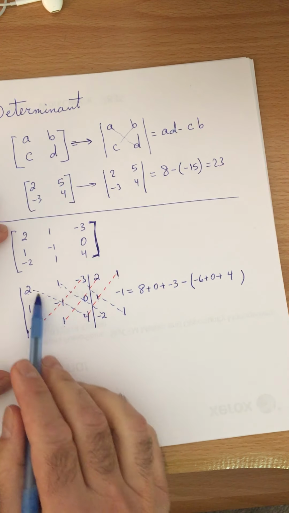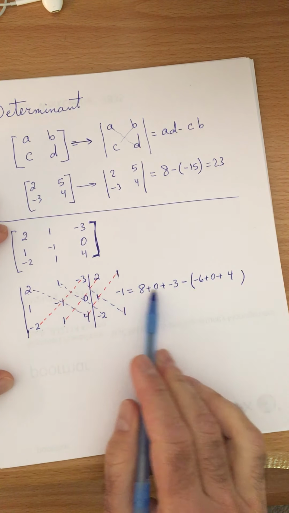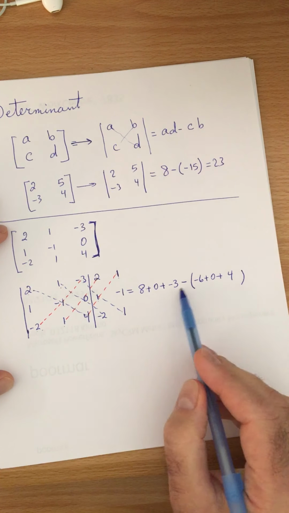Okay, so these diagonals multiply the elements in each diagonal, add them up, minus these diagonals, add them up.